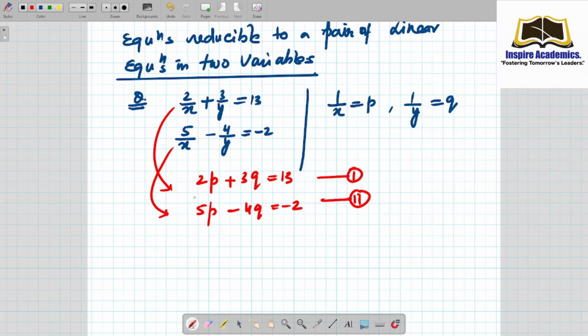So we multiply equation number 1 by 5. Let us make it 10p plus 15q equal to 5 times 13, which is 65, and then multiply equation 2 by 2. So we shall get 10p minus 8q equal to minus 10.